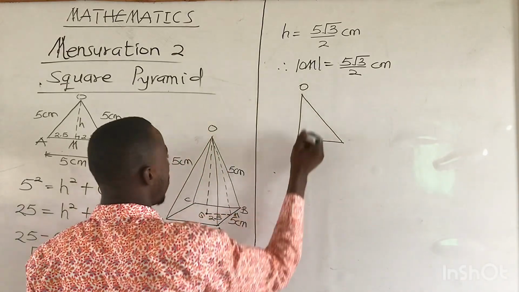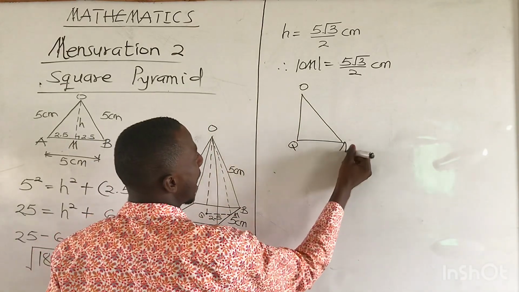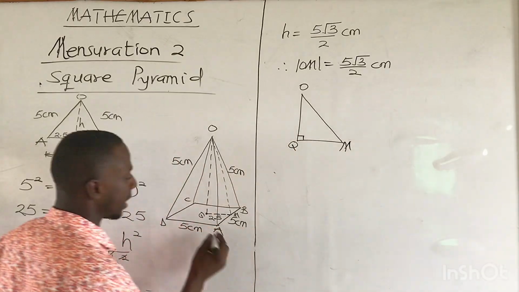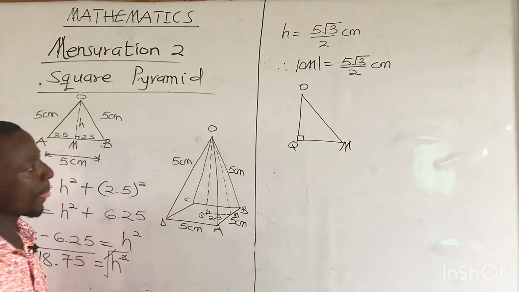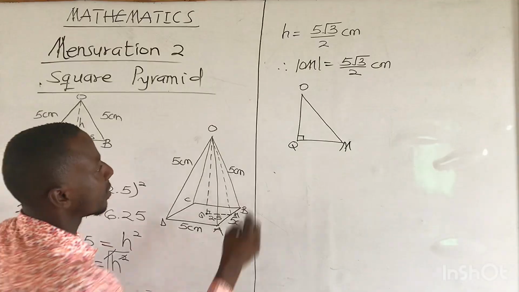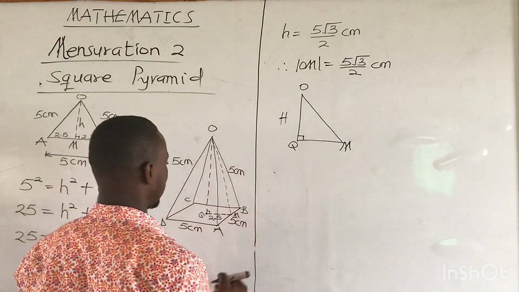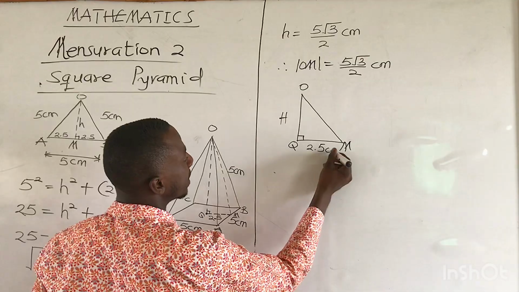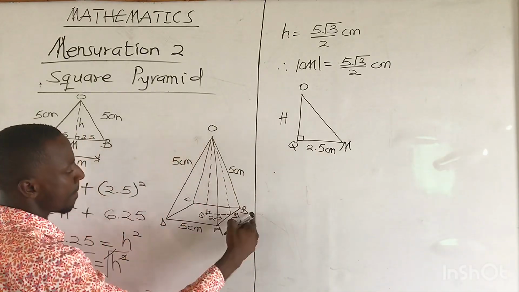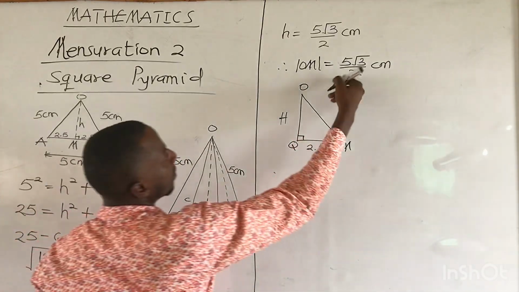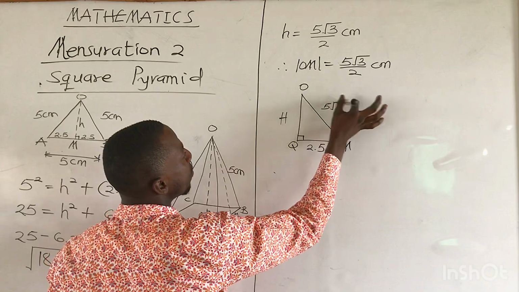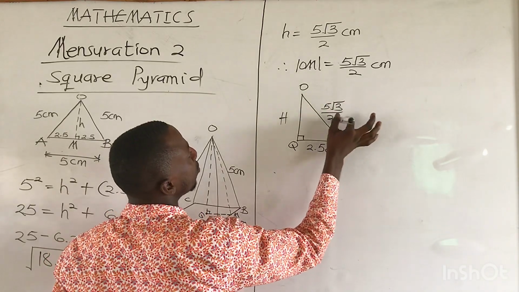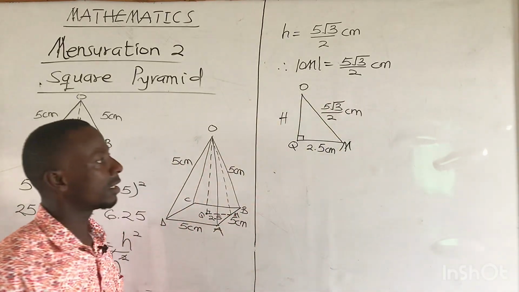So we have OQM, and we have here 90 degrees. Now this is the height, so let me make it big H. Then we have QM to be 2.5 centimeters, and we have OM, which is now 5 root 3 over 2 centimeters.